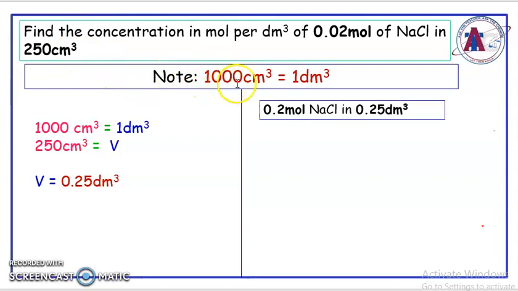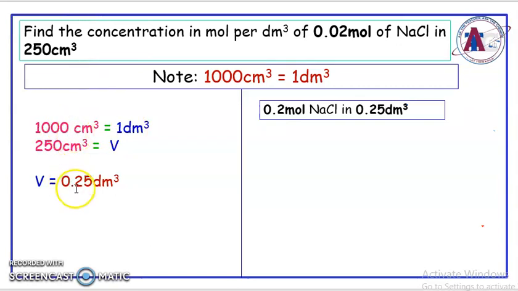Note, 1000 cm³ equals 1 dm³, just like 1000 meters equals 1 kilometer. So if that is true, 250 cm³ will be how many dm³? Do you understand me? So you cross multiply to give us V equals 250 times 1 divided by 1000.